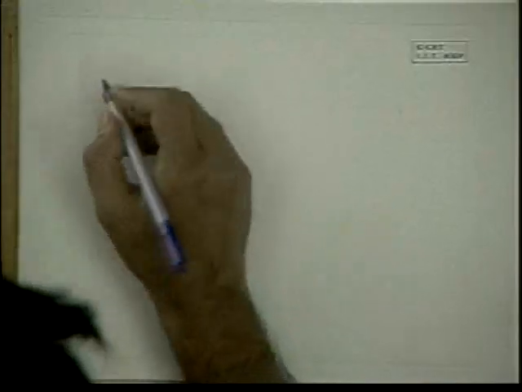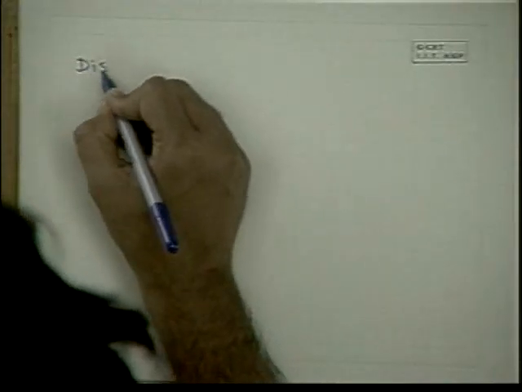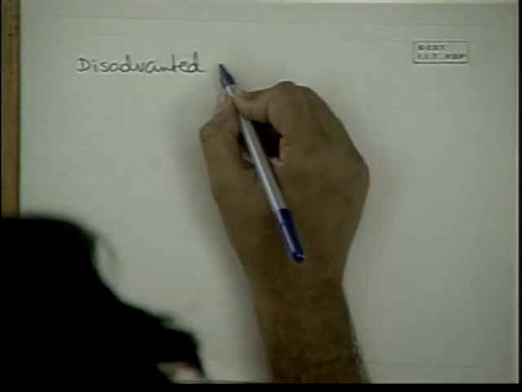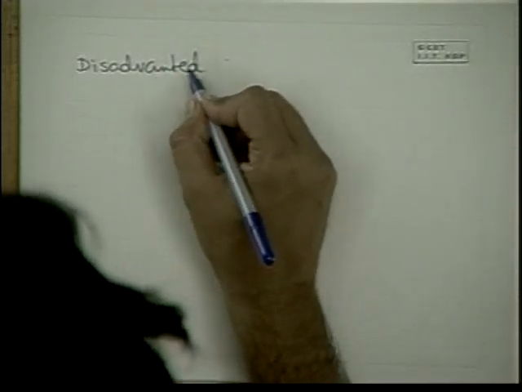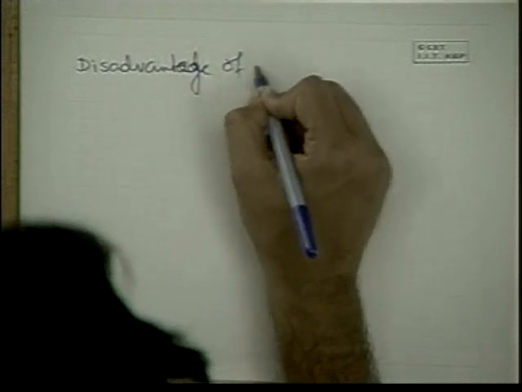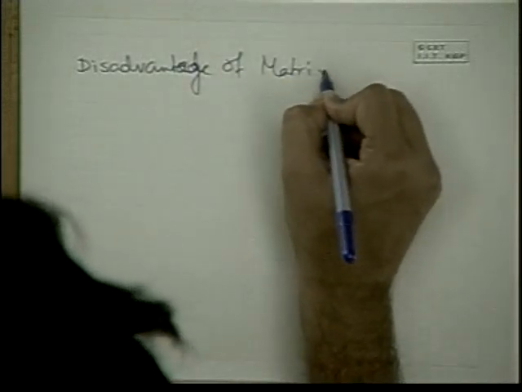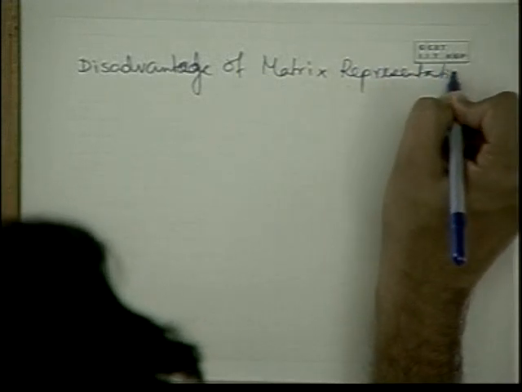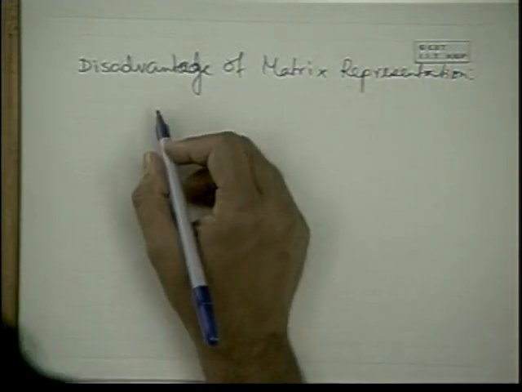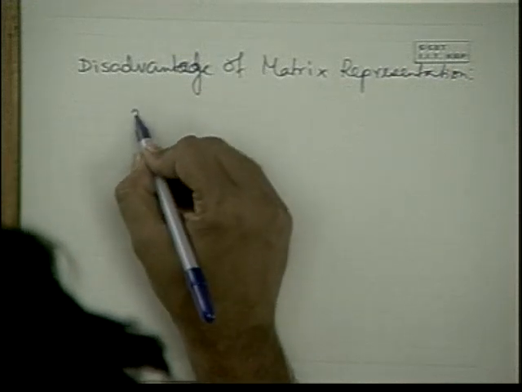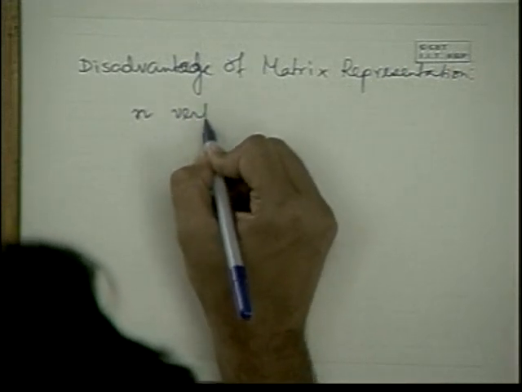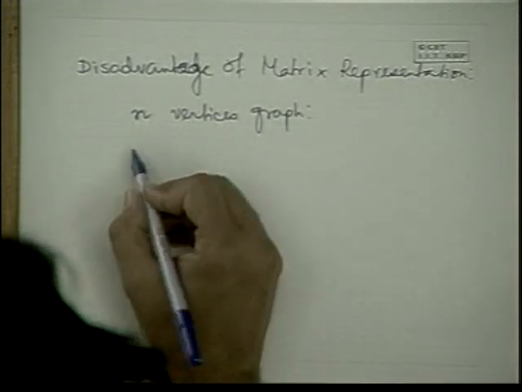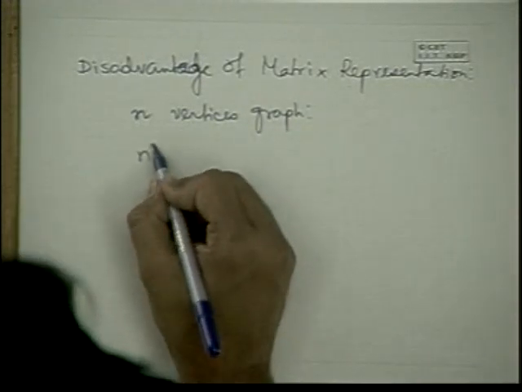But the bad part, or disadvantage, of this adjacency matrix representation is that it takes too much space. If there is a graph which has n vertices, one can easily verify it will take n square space.